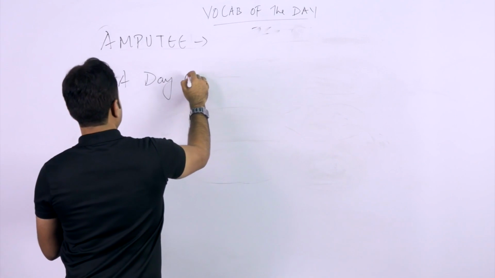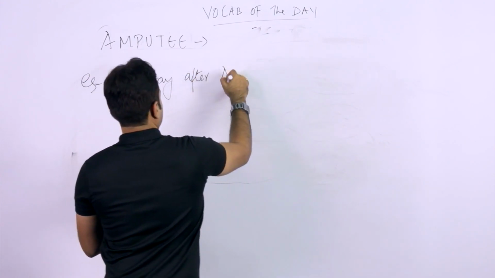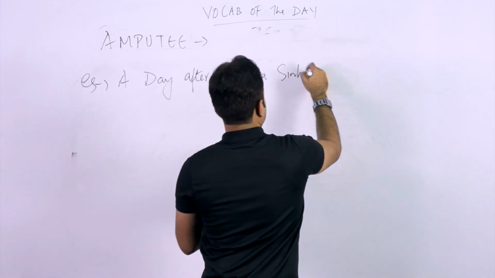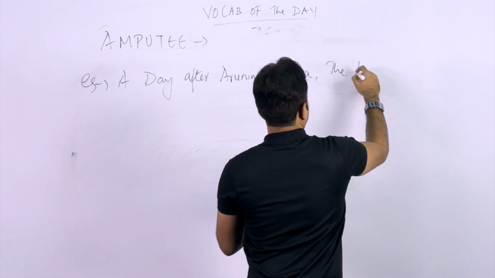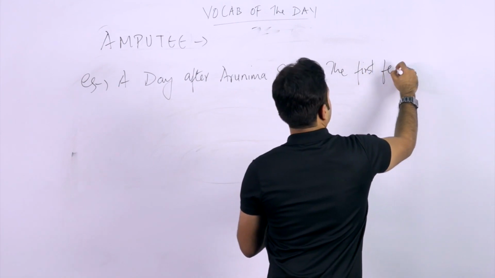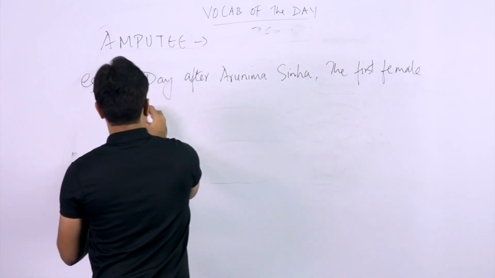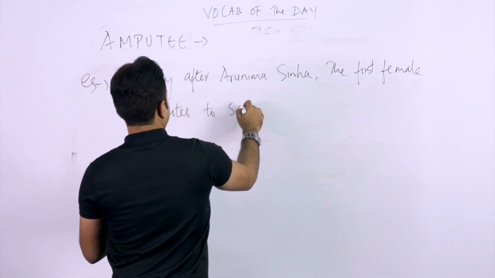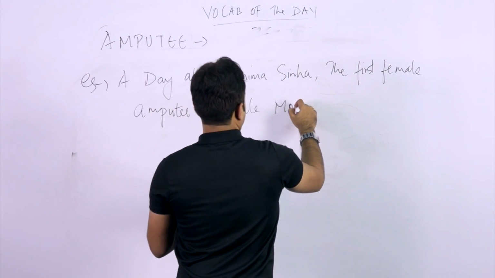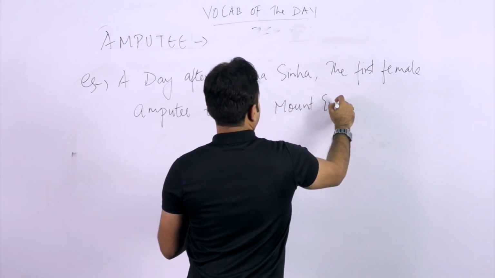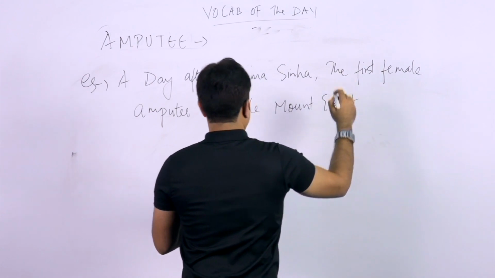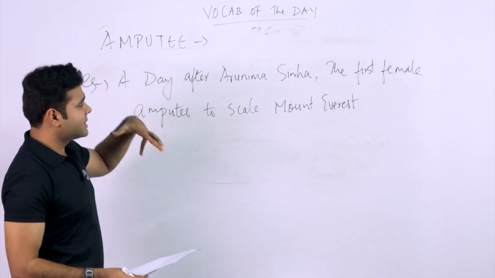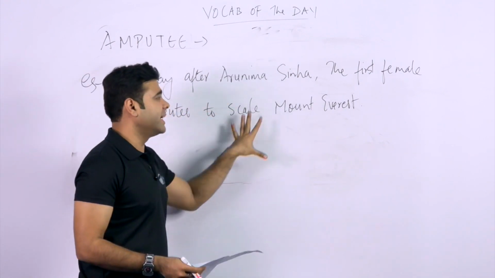The sentence for amputee is: a day after Arunima Sinha, the first female amputee to scale Mount Everest.